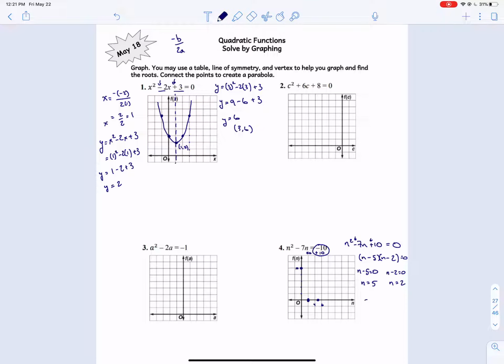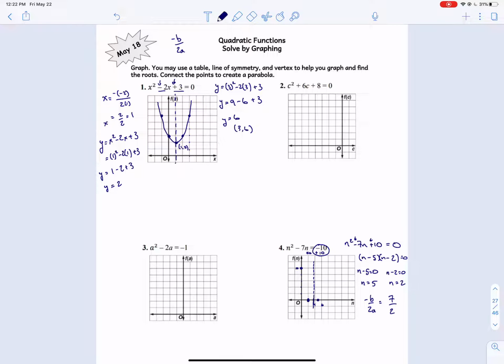Okay, so negative b over 2a. So we have negative b, so that's negative of a negative, so it's 7 over 2. So 7 halves, which is 3.5. So at 3.5, so here's 2, 4, 3.5 is like there. Okay, so there's our line of symmetry at 3.5.